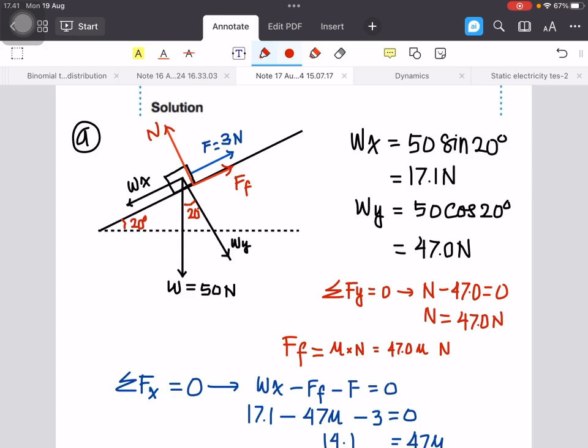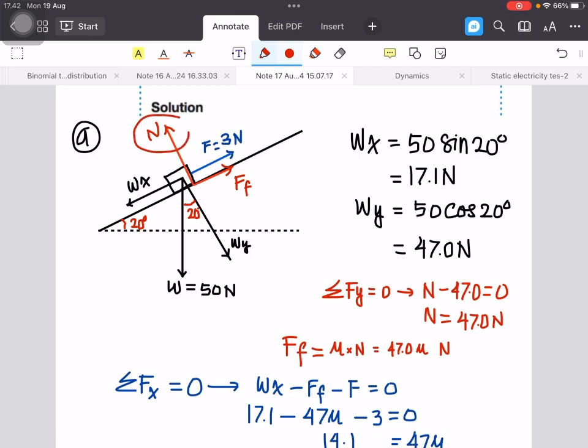Now resolving the forces in the y direction, we can find the value of the normal force. Since in the y direction the system is in equilibrium, we can say that the net force in the y direction is equal to 0.